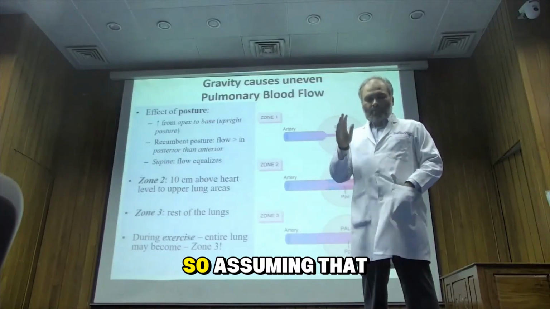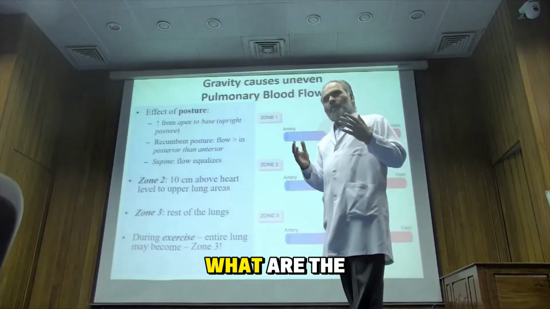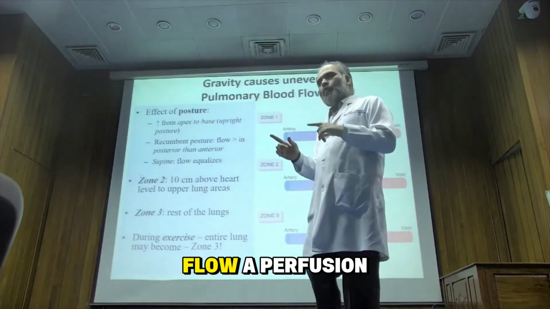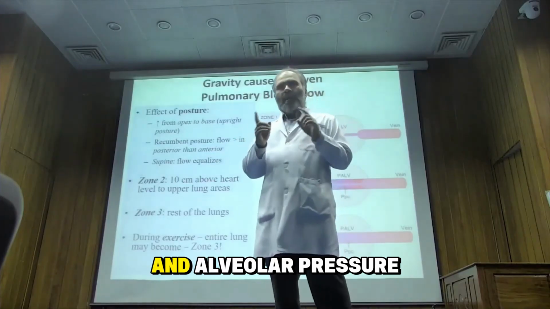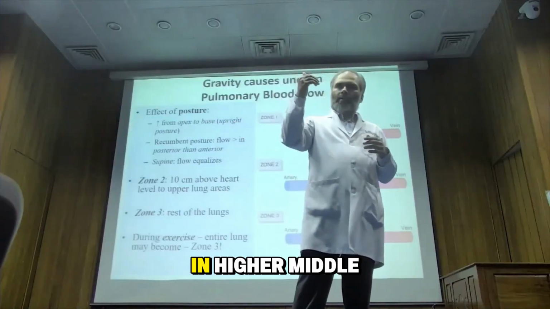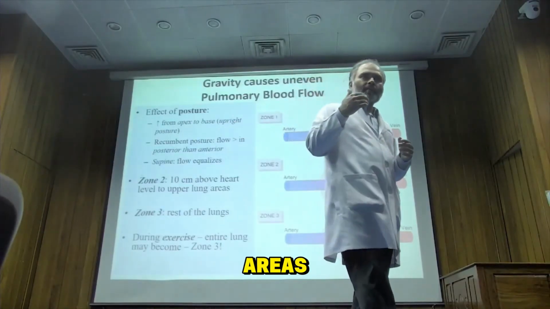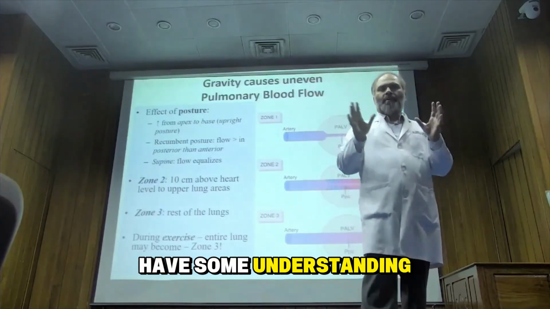Okay. So assuming that you are with this program, you have understood what are the differences in blood flow, i.e. perfusion, and alveolar pressure, i.e. ventilation, in higher, middle, and basal lung areas, assuming that you have some understanding of this.